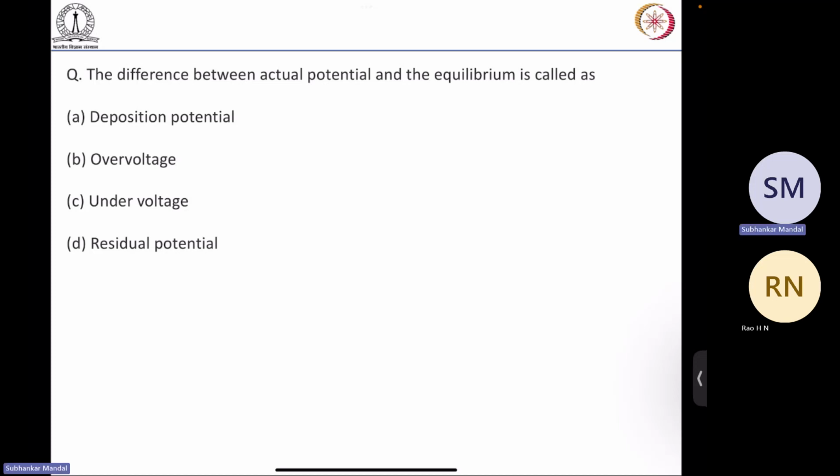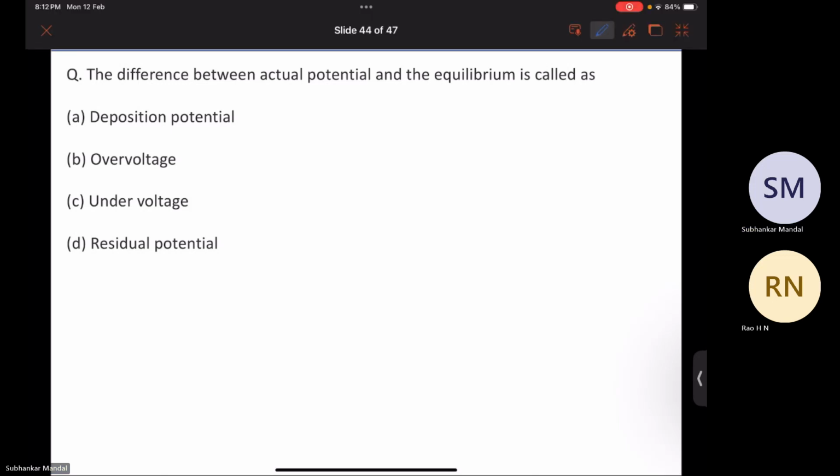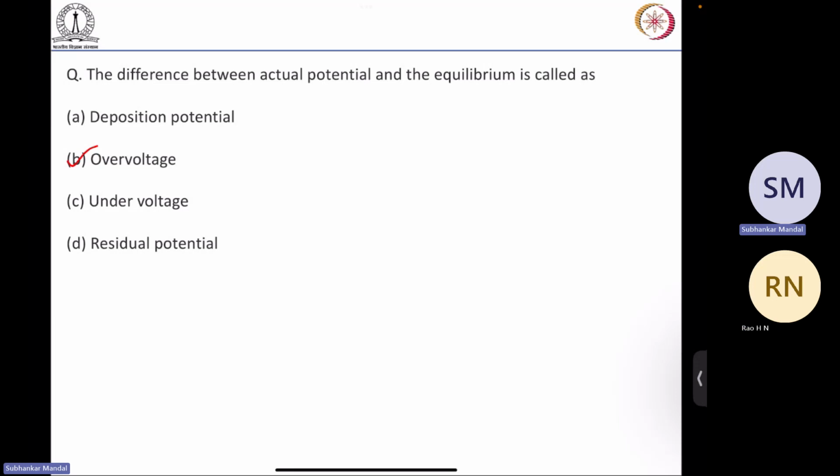What will be the answer? It is called over voltage, is it not? I think it is discussed in the video.